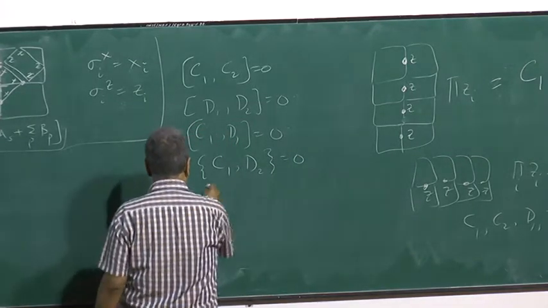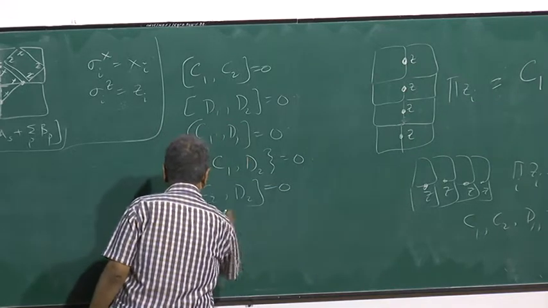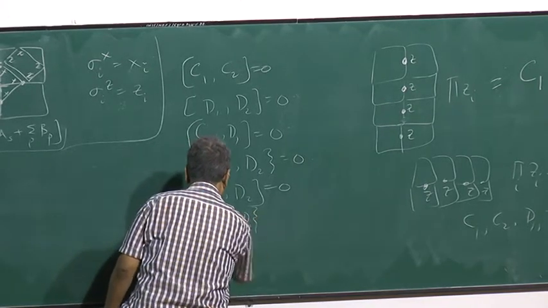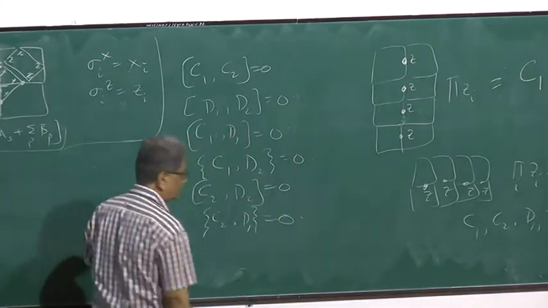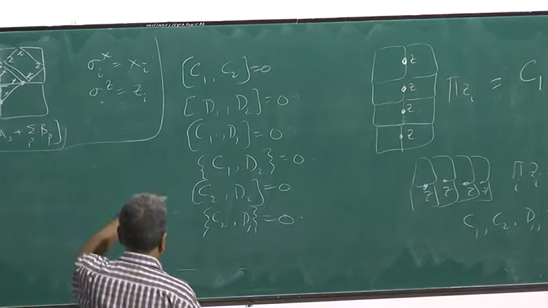Similarly, you can show that C2 commutes with D2, but C2 anti-commutes with D1. So, that is the structure of commutators and anti-commutators for these 4 operators.